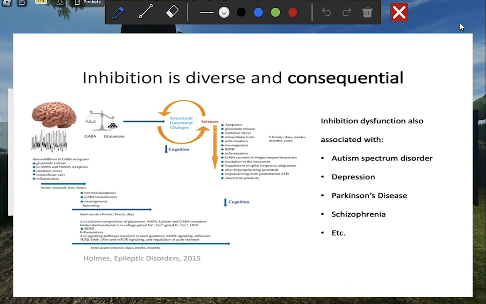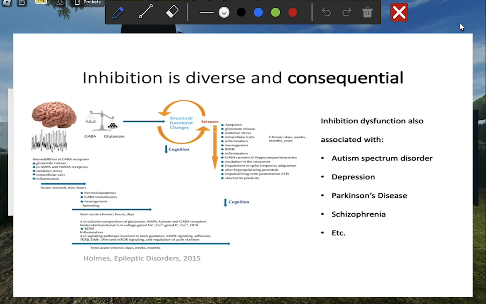The main reason for this is that inhibition very simply controls and limits excitation. It's a yin-yang situation for the brain. If you have too much excitation, you get things like epilepsy, where it's uncontrolled. And if you get too much inhibition, you might get something like depression.